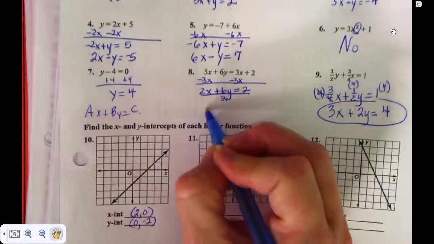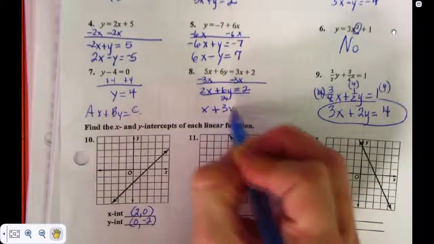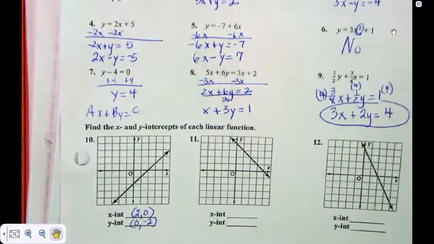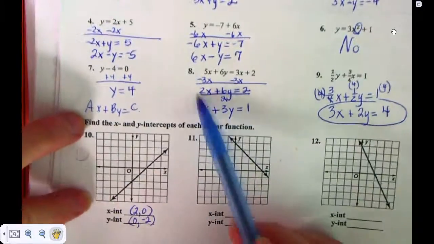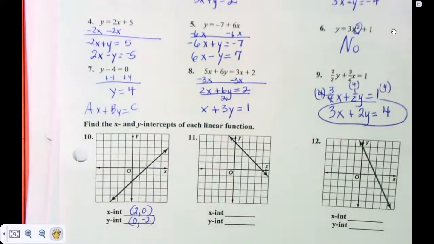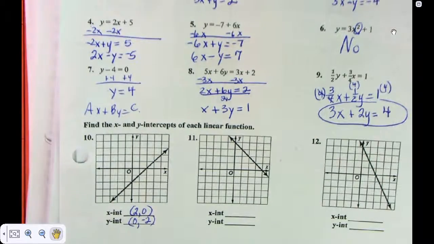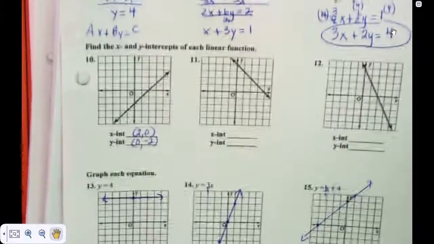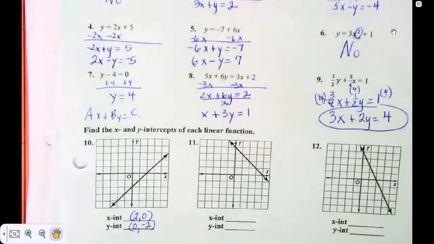So that's going to give you x plus 3y equals 1. You have to divide every term by 2. What's A? 1. What's B? 3. What's C? Okay, let's say it again. What's A? B? C? Good. Okay. No questions about this.